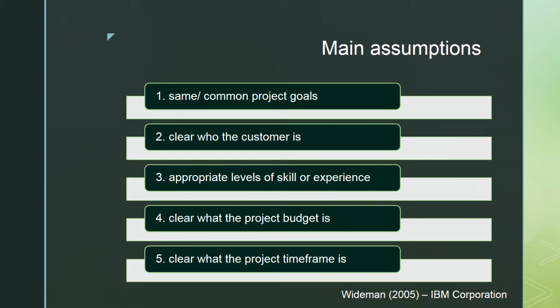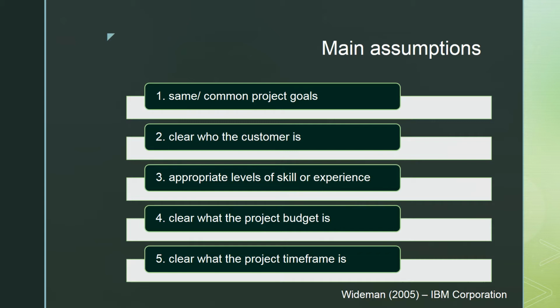The second assumption is that everyone is clear who the customer is. Yes, we are doing all this as part of our project. Yes, we're engaging in this project. We are partaking in this particular project. Who is our customer?